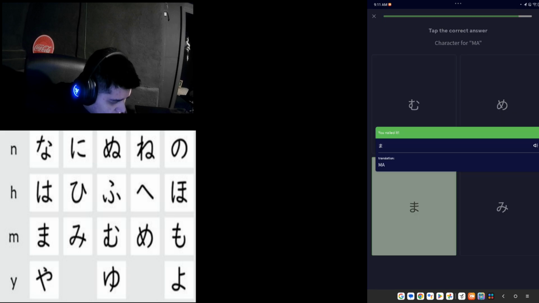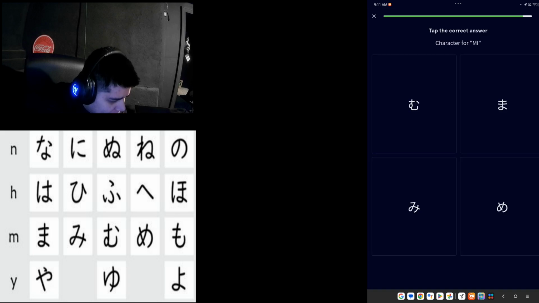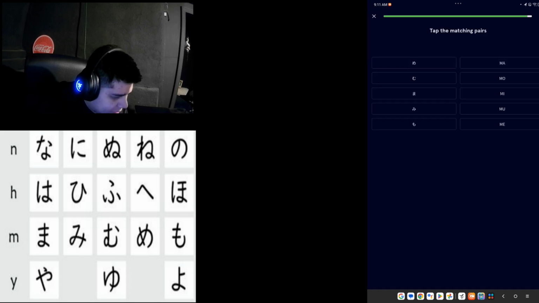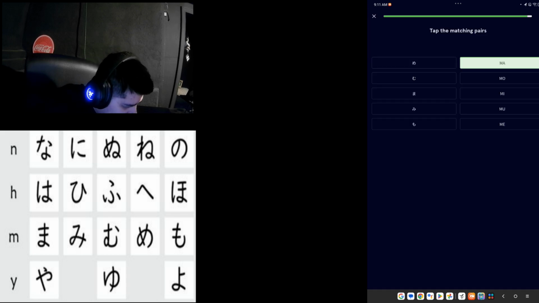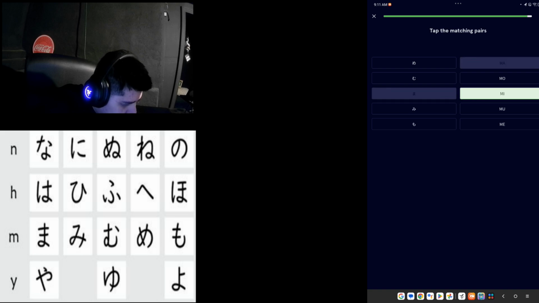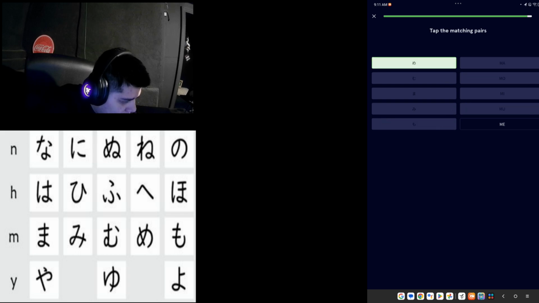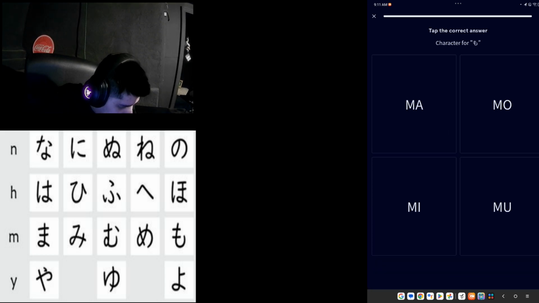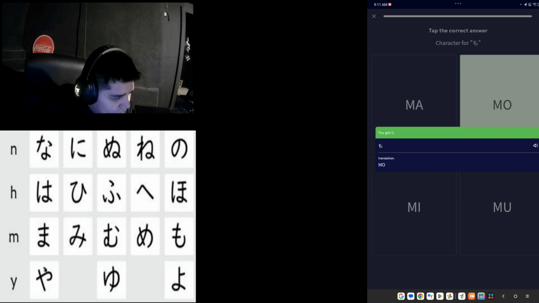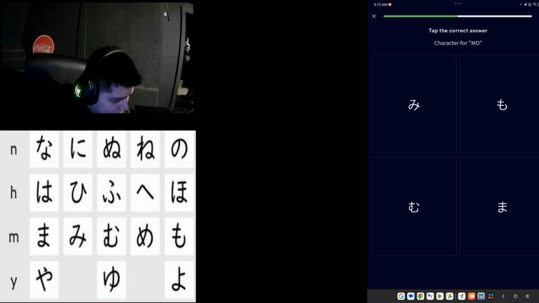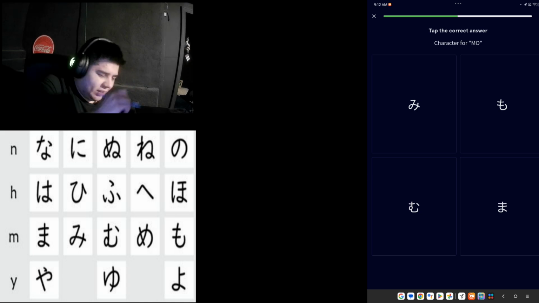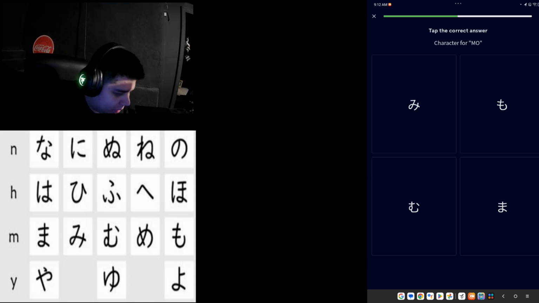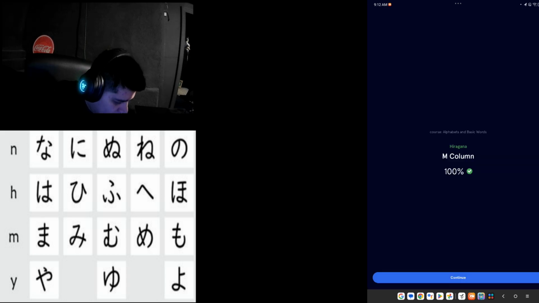Ma is this one with two of them. Me, I know me, and then we'll get ma. We're gonna go back and fix those. So this is mo. I guess that looks more like a hook than the other one. Mo, it's got a circle in it. Okay, we got that. It's a circle mo.